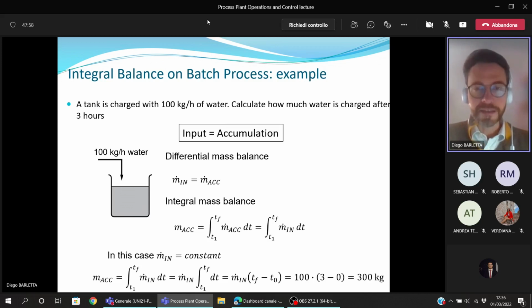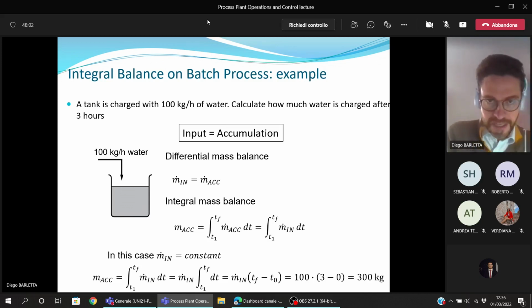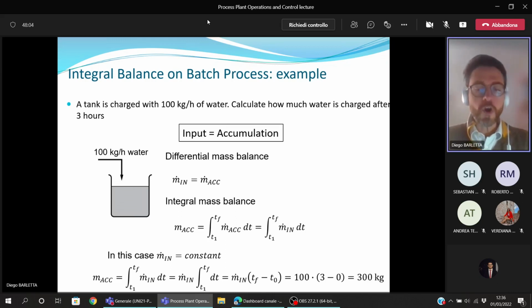In principle, we can apply the general balance equation, but we have to consider only some of the terms appearing in the general balance equation. Because in this case, if you look at the picture, we do not have any output stream. We don't have generation.